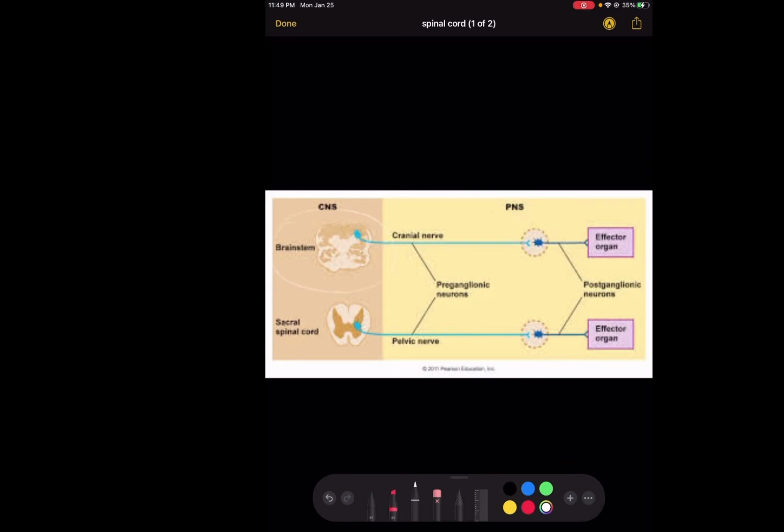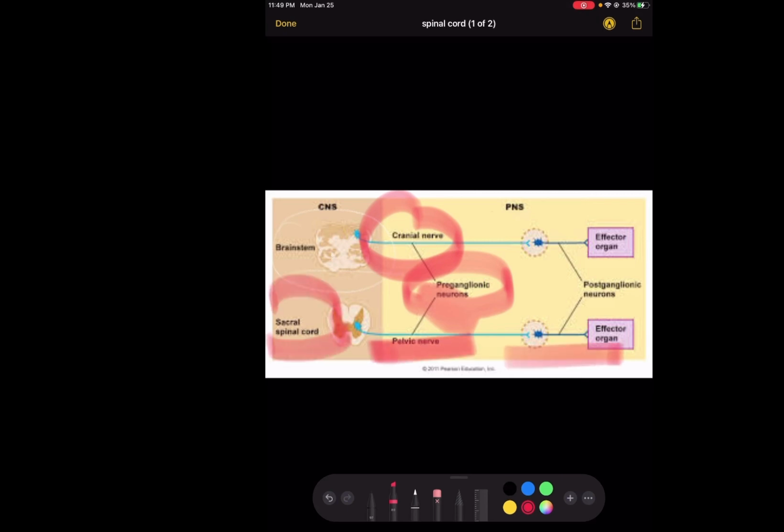So brainstem, and then this is cranial nerve. That is preganglionic neurons, and from the pelvic, see, from the brainstem, cranial nerve, it's going to the effector organ. Here is the preganglionic pelvic nerve, then the sacral spinal cord, and here it becomes postganglionic.